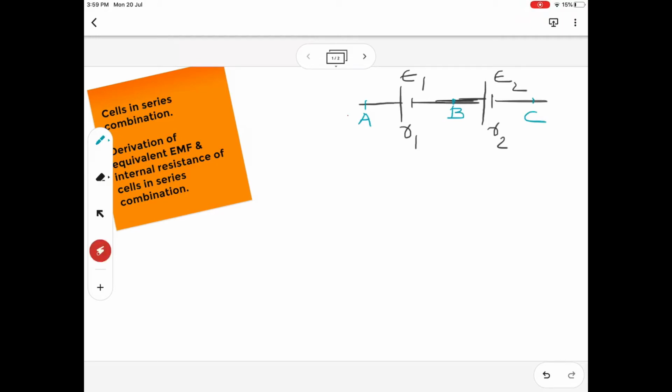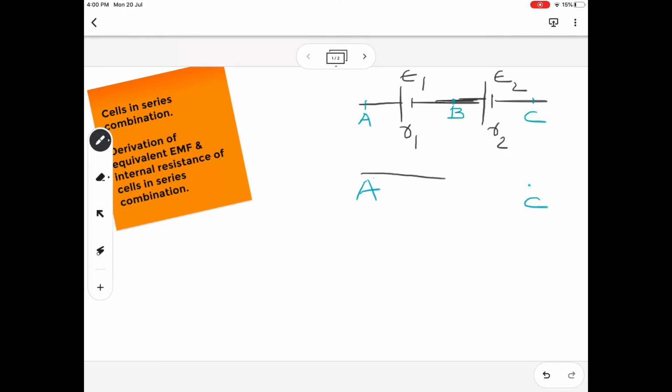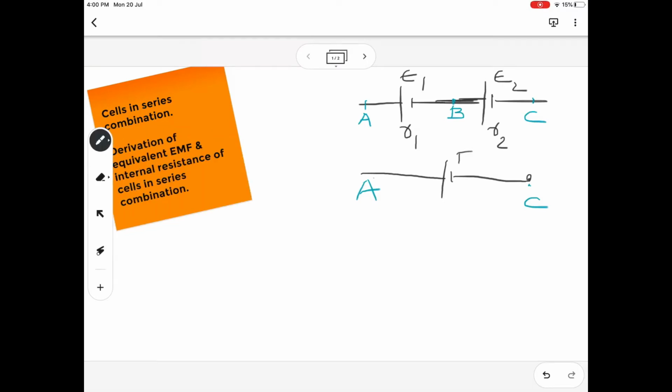Now we will draw a figure equivalent to this one, in which we can see the two cells in series combination. In that we will have a cell, namely the equivalent cell, such that the EMF of that cell will equal the net EMF expected from the above two cells in series combination.